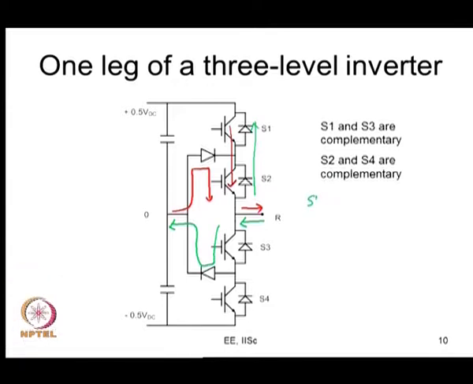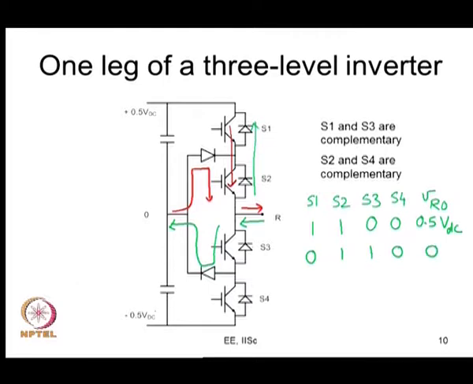So let us just summarize the whole operation in terms of a table. You have S1, S2, S3, S4, and you have the pole voltage VRO. Now if S1 is on and S2 is also on, and S3 and S4 are off, you get 0.5 VDC. Again, if S1 is off, S4 is also off, and S2 and S3 are on, then VRO is equal to 0.